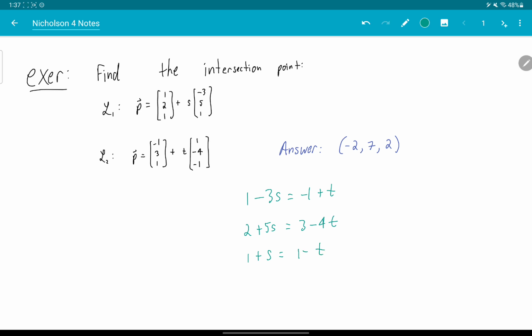So 3 equations, 2 variables. Solve for s and t, and then take whatever s you find and plug it back in here. And then this should pop out as your answer. Okay, let me know how that goes.